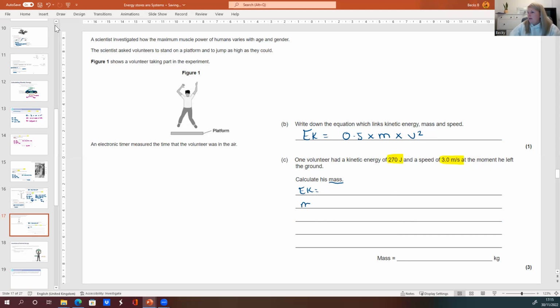Separate out v squared. Kinetic energy is 270 joules. No conversion needed. Mass, I don't know. I'm going to leave it as m. V squared is 3 squared, so we've got 9. Do that squaring first, then we don't forget.